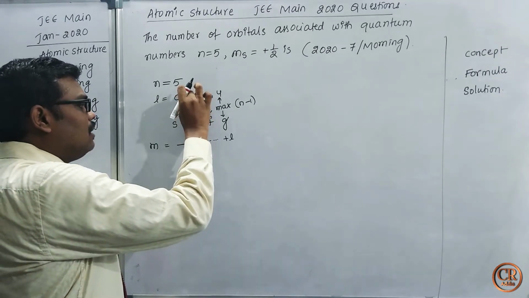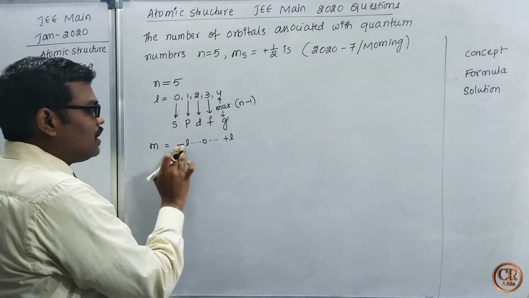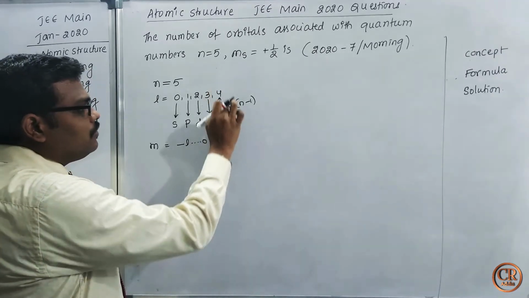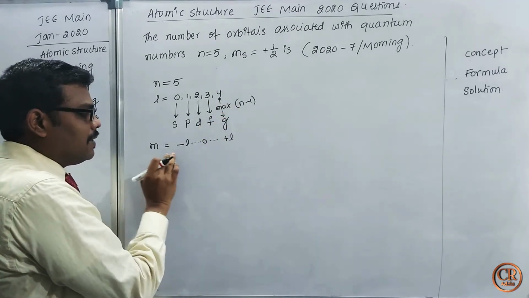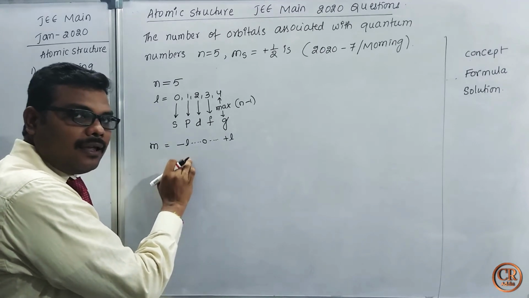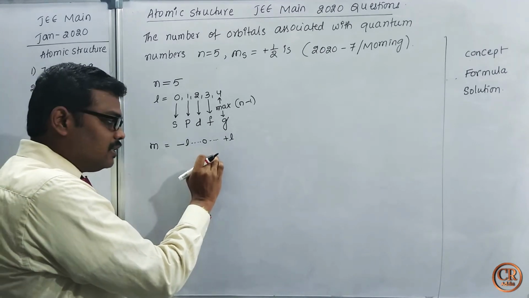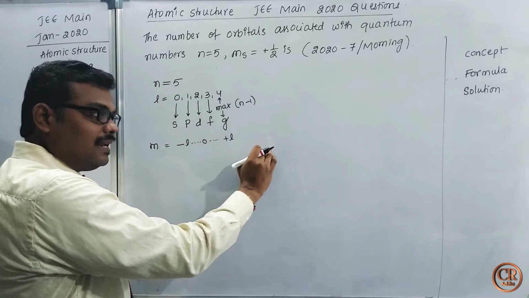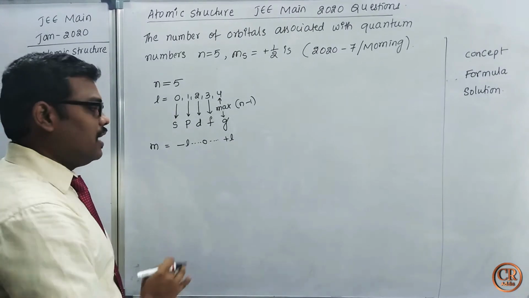Suppose L value is 1, then M values are minus 1, 0, plus 1. If L value is 4, then M values range from minus 4, minus 3, minus 2, minus 1, 0, plus 1, plus 2, plus 3 and plus 4. So like that we have to write it.